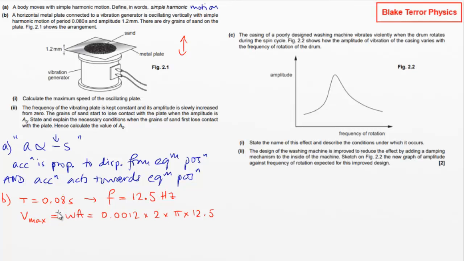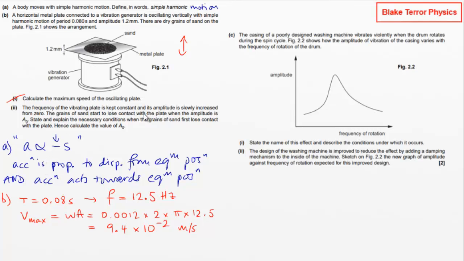I mean, we could have just stuck with T, 2 pi over T, but you know. So typing all of that into the calculator, our 25 pi times that, we get 9.4 times 10 to the minus 2 meters per second. That's our maximum speed.